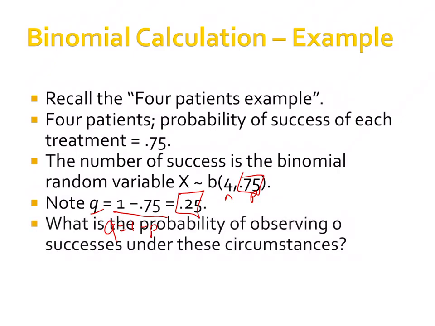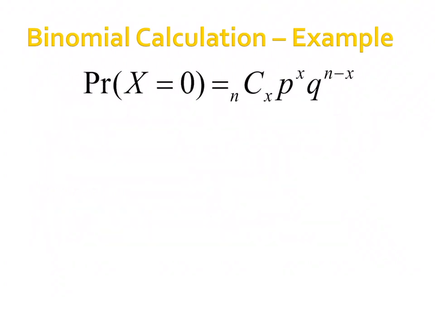So what is the probability of observing 0 successes under these circumstances? Here is our equation, and I am going to set this up now for us. Remember, we had our X distributed B(4, 0.75), and what we're trying to solve is now X equaling 0. So to set this up, we're going to walk through it slowly.